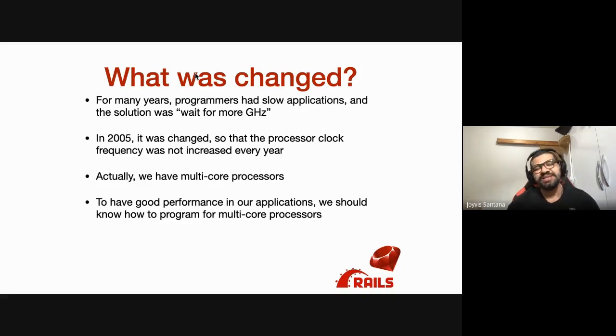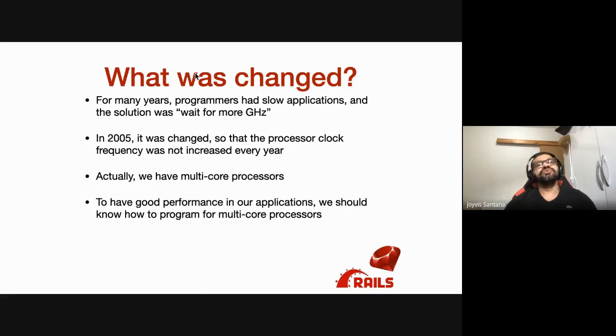Basically, it happened in the past. So if you had a slow technology or a slow application, probably in 2 or 5 years, your application would be able to run correctly because the gigahertz of our processors were being improved every year. I think that stopped in 2005.